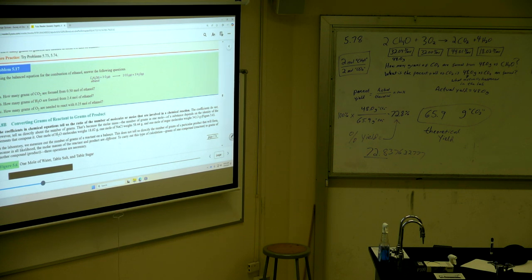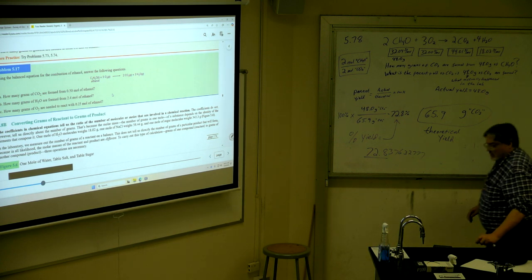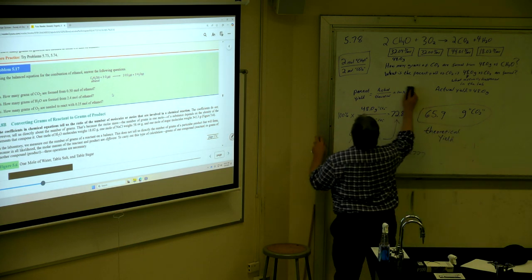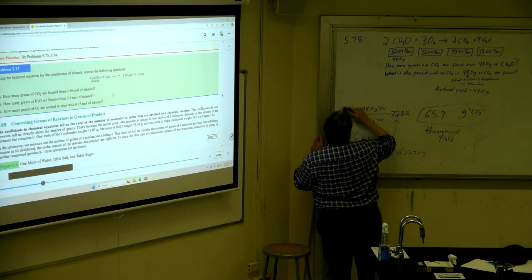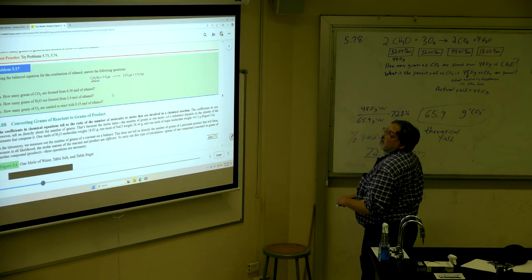So for this, how many grams of CO2 are formed from 0.5 moles of ethanol? We're going to need the grams per mole of CO2. That's up there though, 44.01, so I won't go through the calculation. Actually, why not?